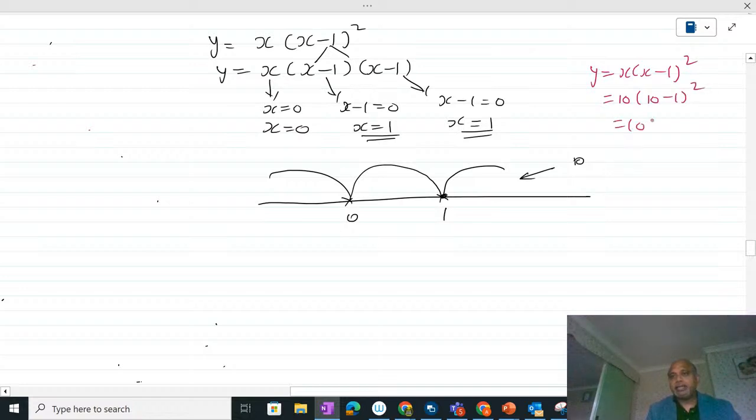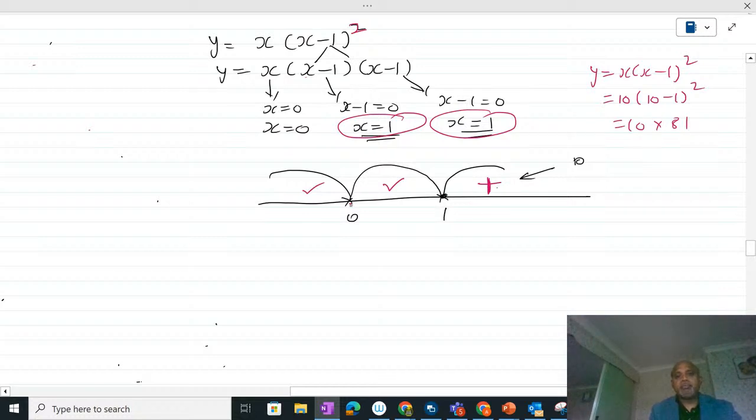So it should be 10. 10 minus 1 is 9. 9 square is 81. So the result is positive. Now here we will not follow alternating signs because there is a square and 2 points are repeating. So whenever you get repeated points, you need to check every single section. So here we check plus.